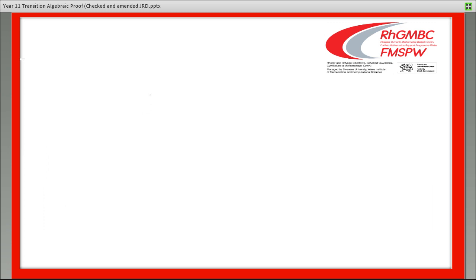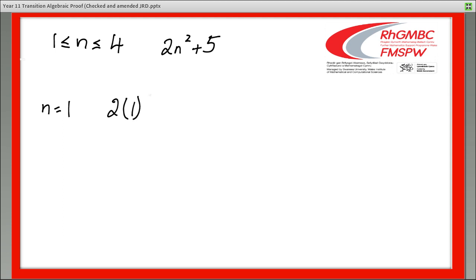There's only 4 options. They're expecting you to work them all out. So that's why they do a proof by exhaustion. They limit what you're actually working with. So for this particular question, you would have 1 is less than or equal to n is less than or equal to 4, and we've got 2n squared plus 5.